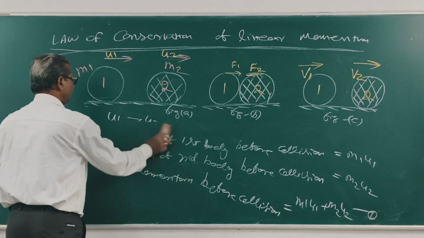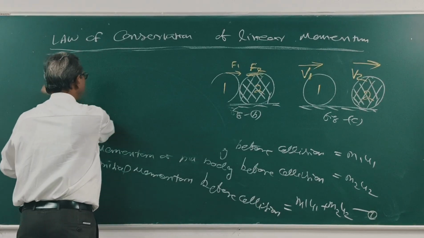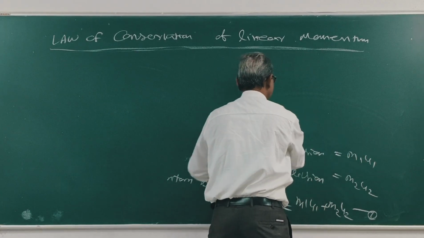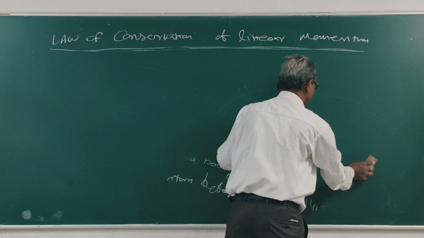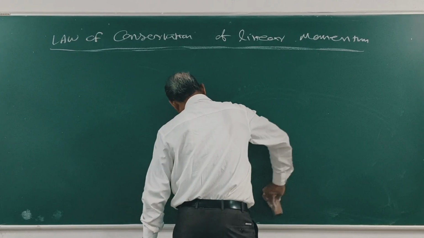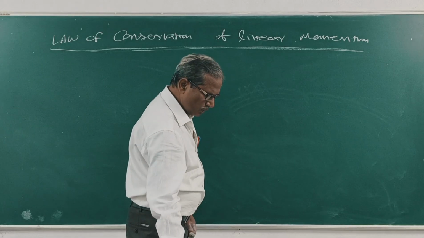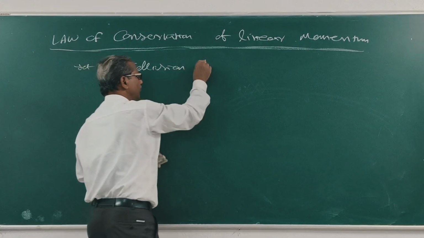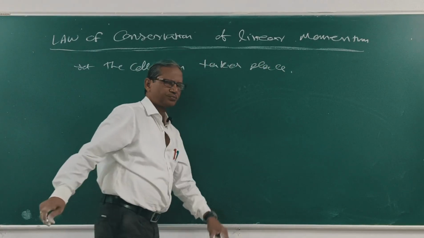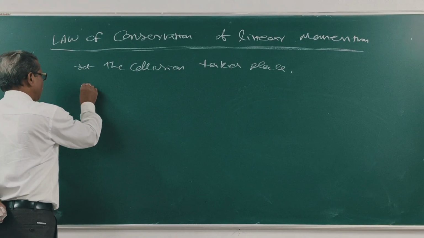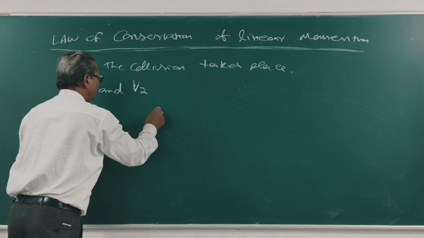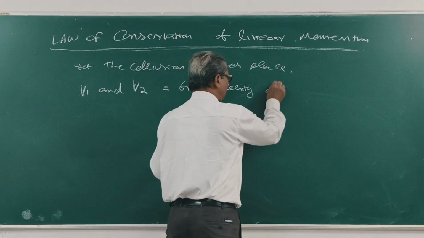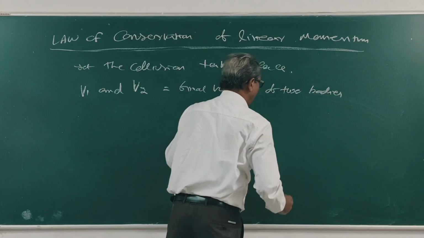So let the collision take place. Clear? Let v1 and v2 be the final velocities of the two bodies after collision.